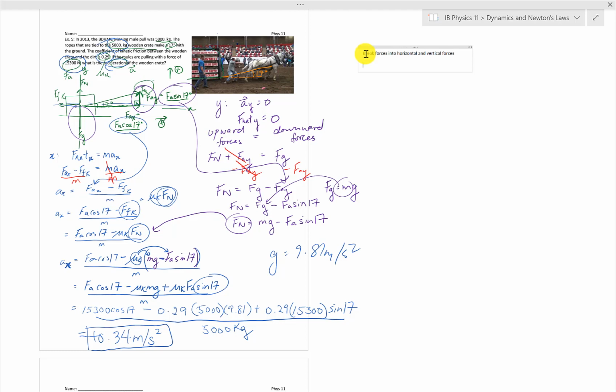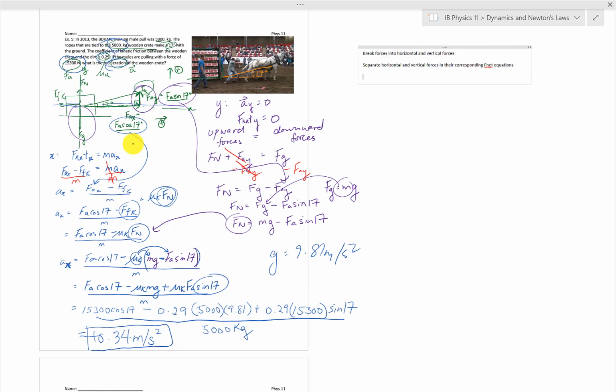The second thing I want you to take away is that we need to separate your forces in the x and y, vertical and horizontal forces, when we're dealing with F net equations. So notice that my vertical forces don't belong in my horizontal x F net equation over here. We separate the vertical and horizontal forces.